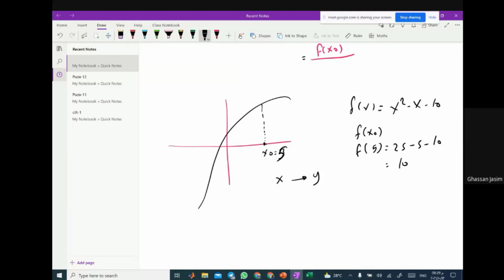That means this is 10. That means again, the length of this line is 10. Okay?